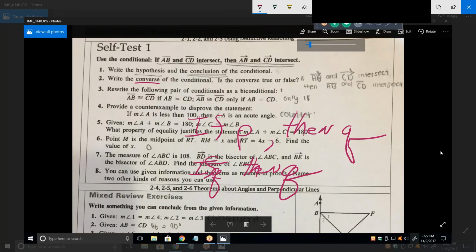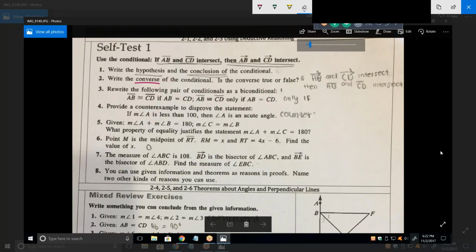If you live in Colorado, you live in the United States, does not mean that if you live in the United States, you live in Colorado. So normally, the converse is false. Most people think it's true in real life, but it just isn't always.